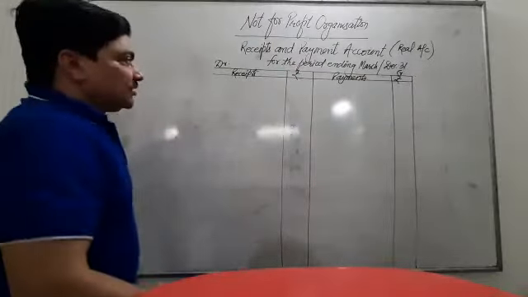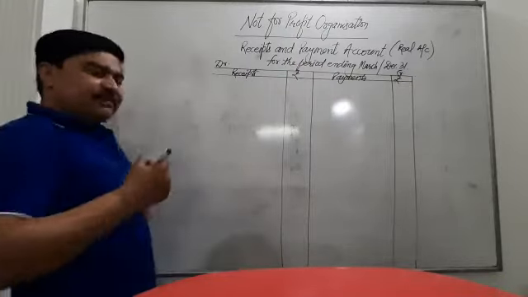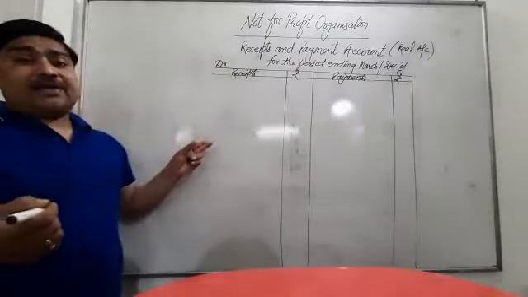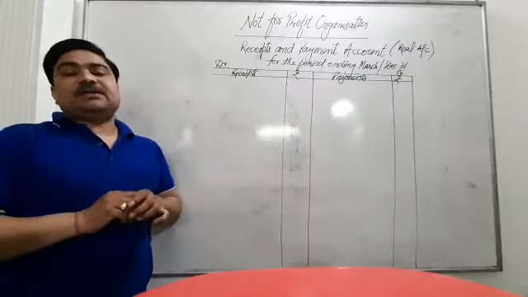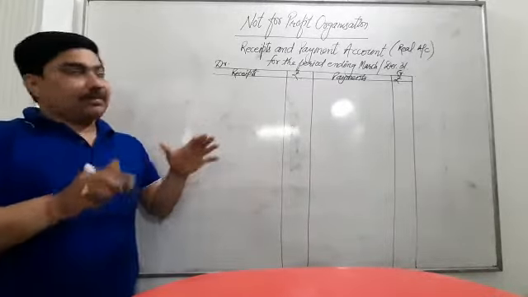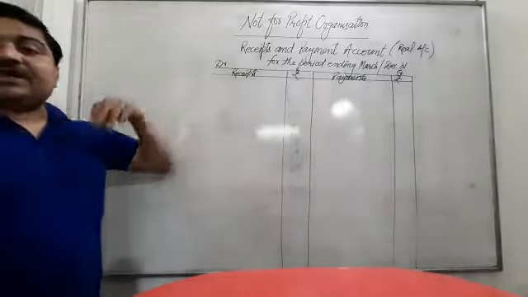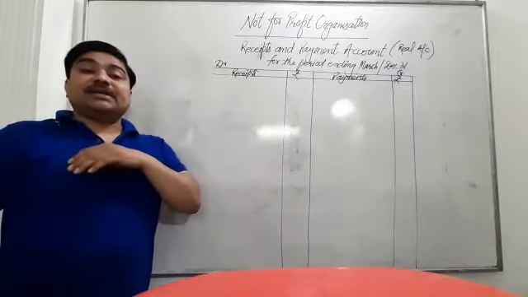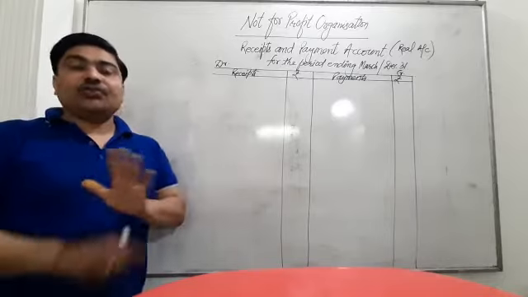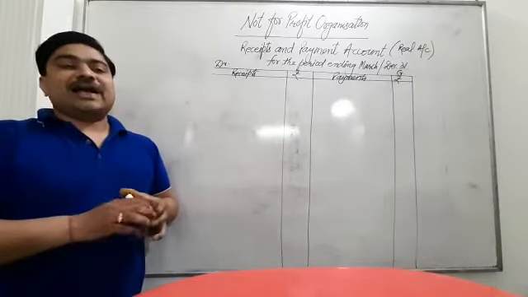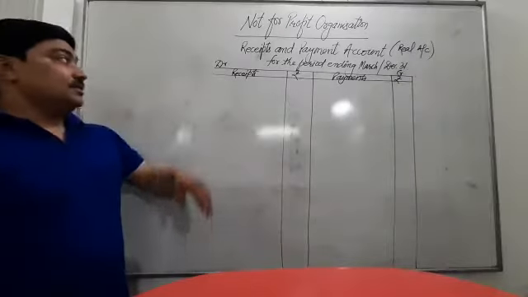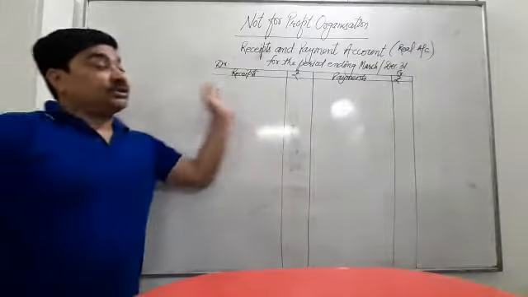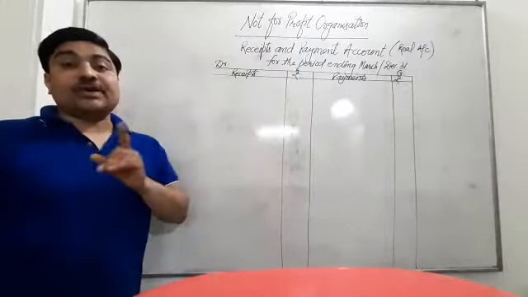Okay, so now the first thing: are we supposed to write "to" or "by" or not? See, it's up to us, because CBSE is very clear that we can write it or we may completely ignore it. No need to write "to" or "by". I always suggest not to write "to" or "by", because if you write "by" on the debit side and "to" on the credit side by mistake, you can lose marks.